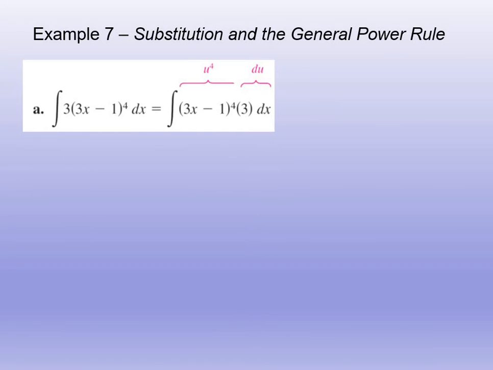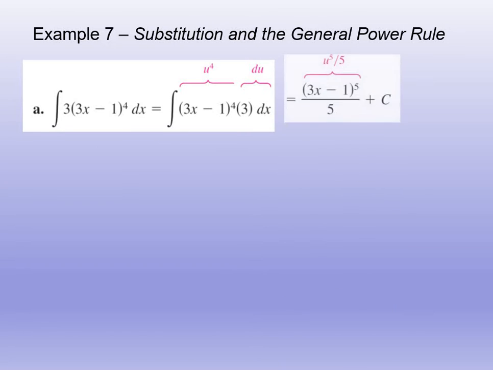Okay, so let's take a look at some examples here of what's good for choosing u. We can see that if we let u be 3x minus 1, then du, the derivative of 3x minus 1, is just 3, which is what we have in our integrand. It's 3 dx, so we know that we can replace the 3 dx with du, and I know that if I rewrite 3x minus 1 with u, it becomes u to the 4th.